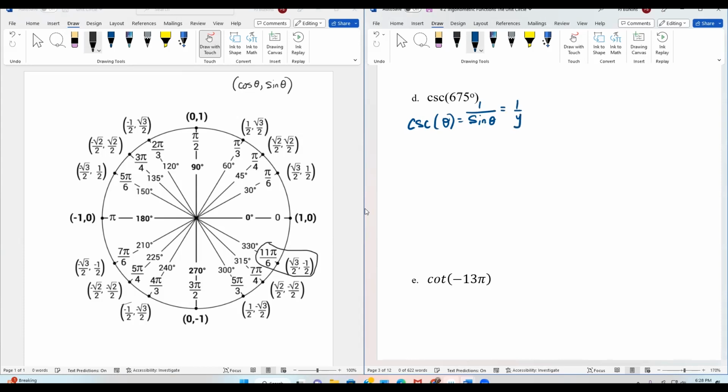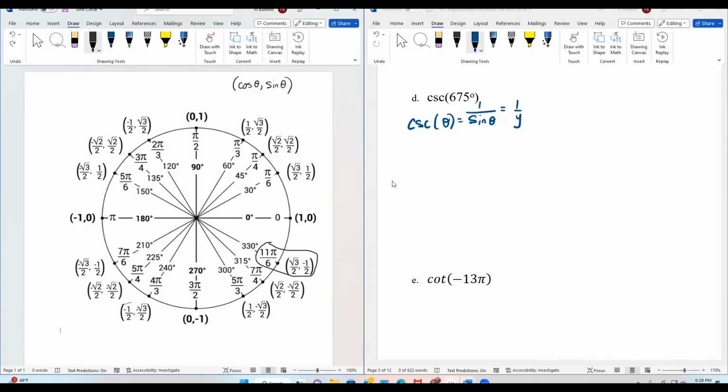So this should be 1 over the y. And so I need to find 675 degrees on my chart. So now I'm looking on the inner part here where they have the degrees. But remember, it only goes up to 360. So how do I find 675?